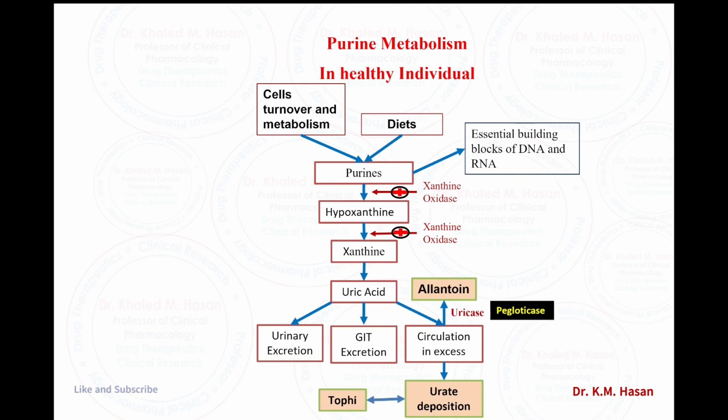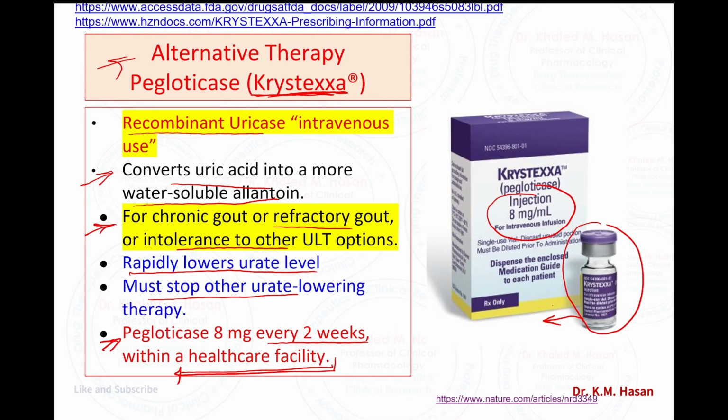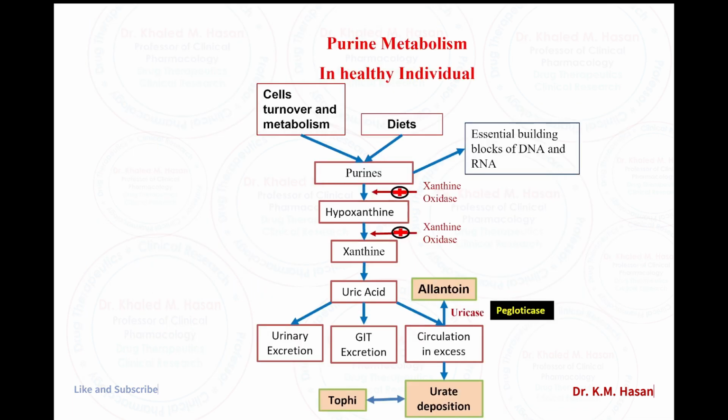Speaking about the mechanism of action of pegloticase, Krystexxa. Pegloticase is considered an analog that mimics the effect of an enzyme called uricase. This enzyme is not available in the human body. It is found in animals, which have the ability to transform uric acid in the blood into another water-soluble substance called allantoin.